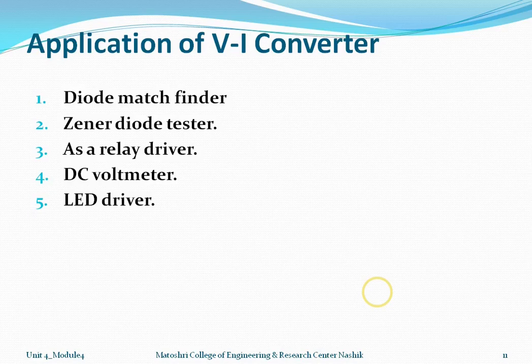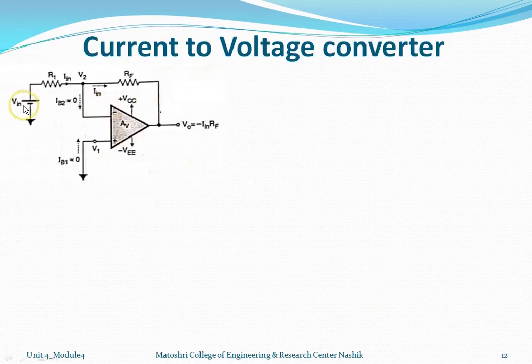So current to voltage converter, it is clearly seen in this diagram that the input is connected to the inverting input terminal of the op-amp. So it's inverted mode configuration.